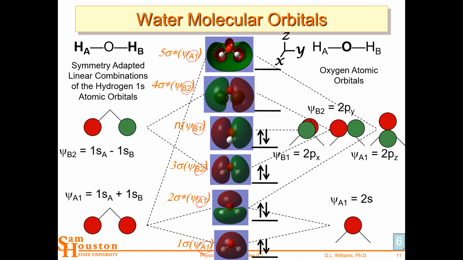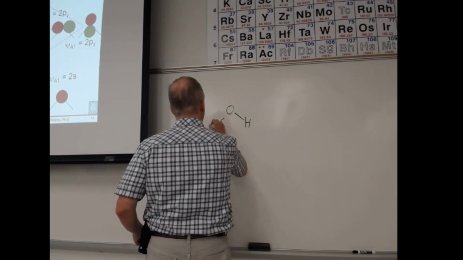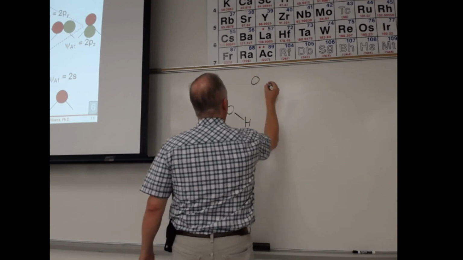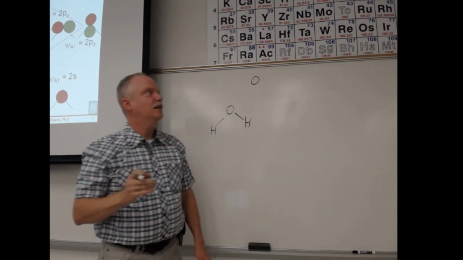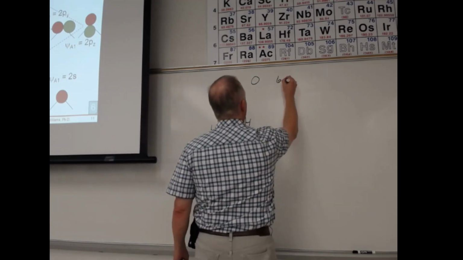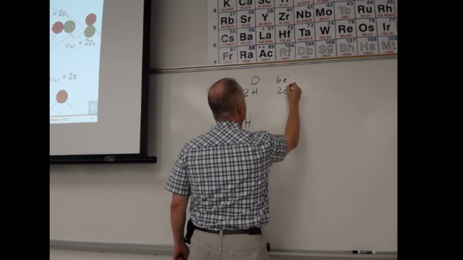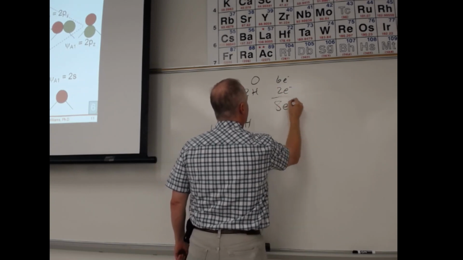I'm going to go all the way back to Gen Chem. Oxygen has how many valence electrons? 6. All right. And hydrogen's 1 each, so 2 of those. So 8 electrons total.